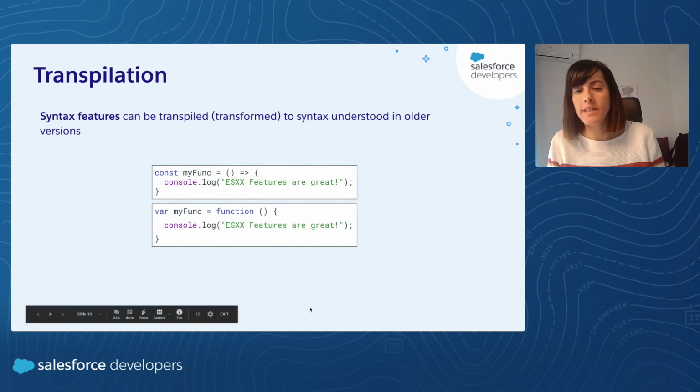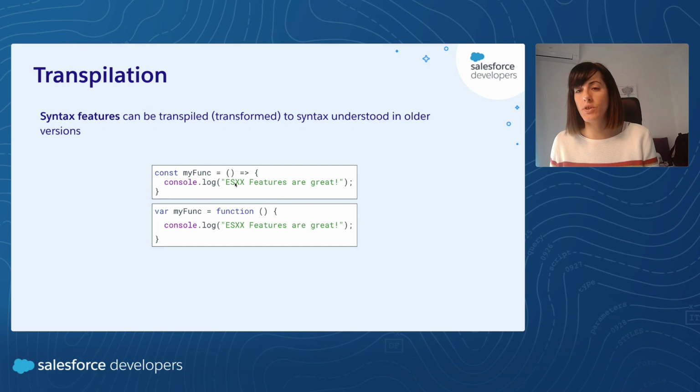In this case, for instance, we are taking as an example an arrow function that is defined using a feature from ECMAScript 6, and we could say that we transpile or transform that code down to ECMAScript 5 by doing this, transforming the arrow function into a regular traditional JavaScript function.